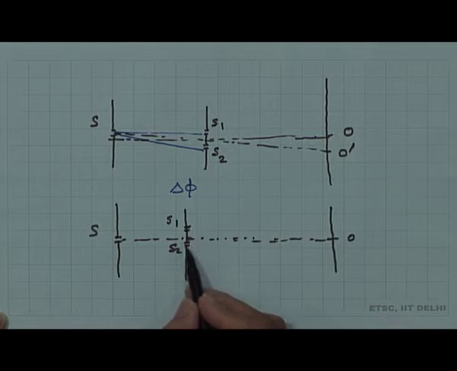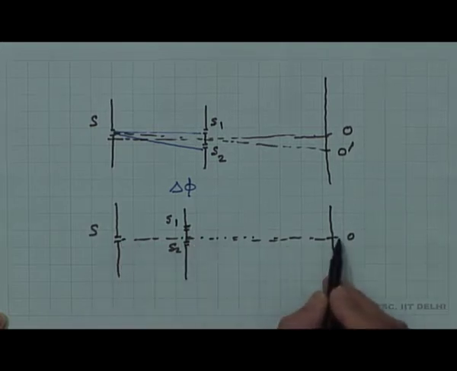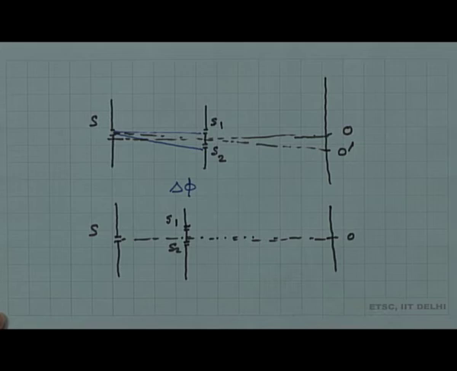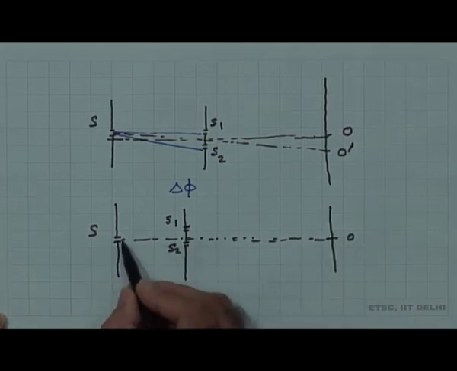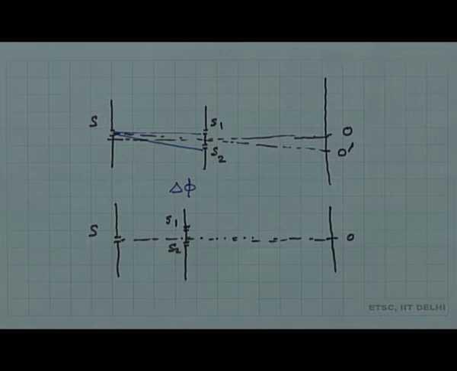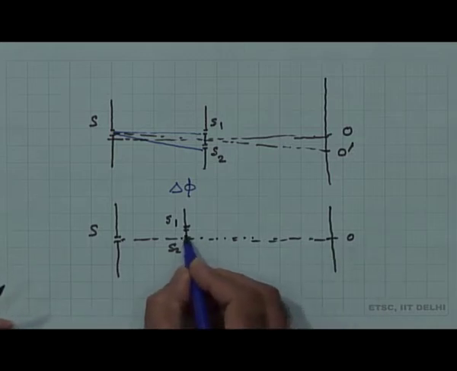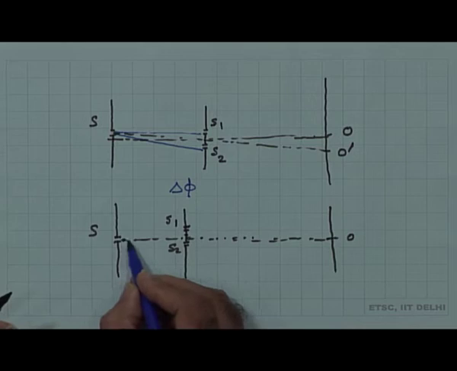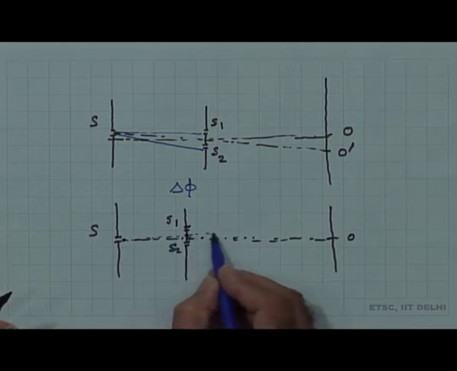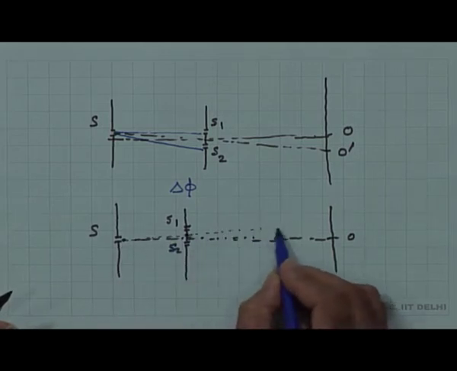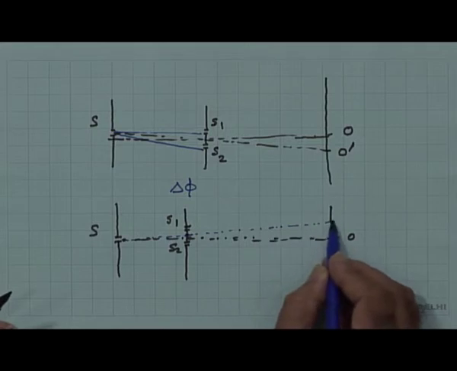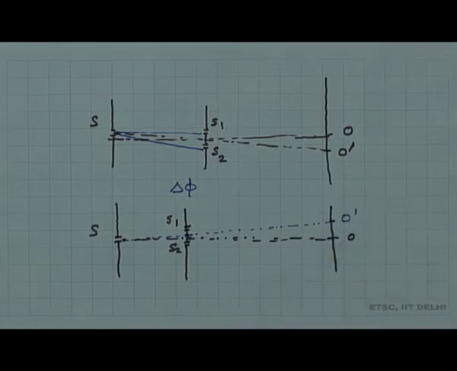Then also we would have a fringe shift, and the central fringe would shift to a point O dash which is here, because the midpoint between the two slits is here. So, in both cases we expect a fringe shift.